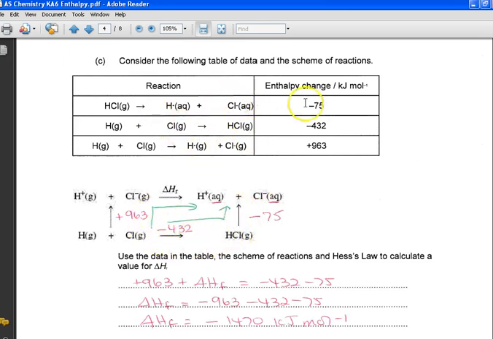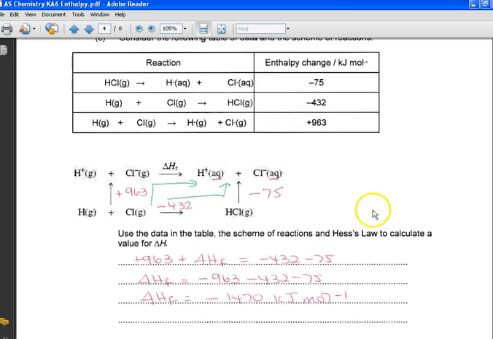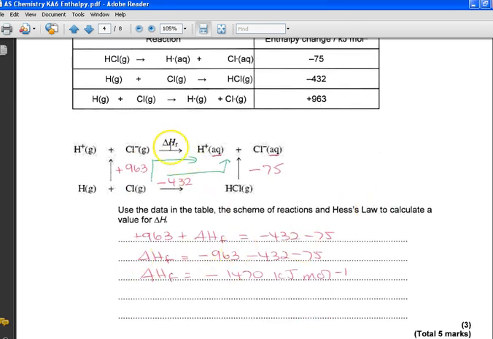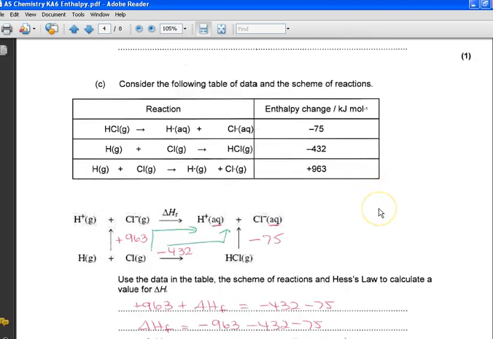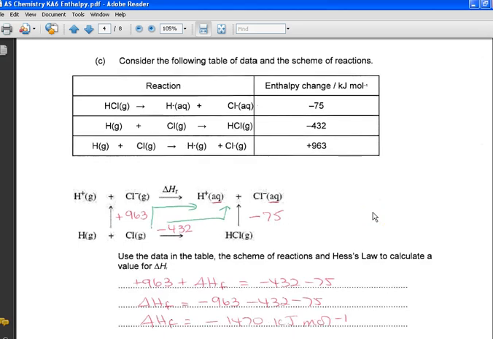Then you just have to identify where these values go on those arrows, and then you write your equation. Okay, and we're looking for the enthalpy change of formation of H+ and Cl- in solution. That's enthalpy change of solution, really.